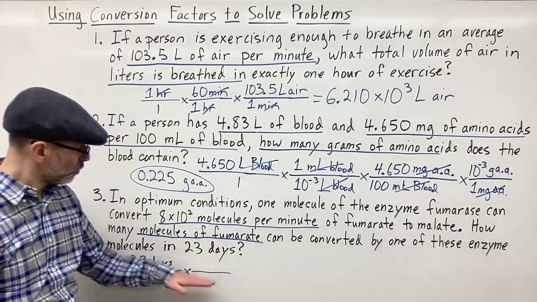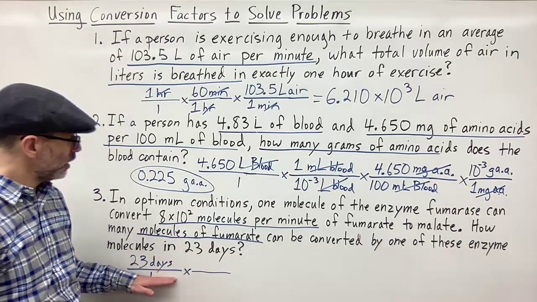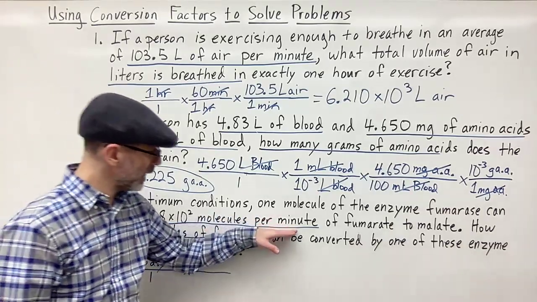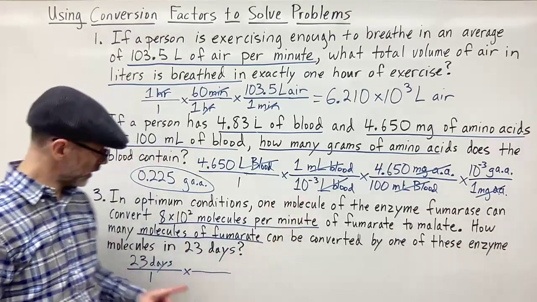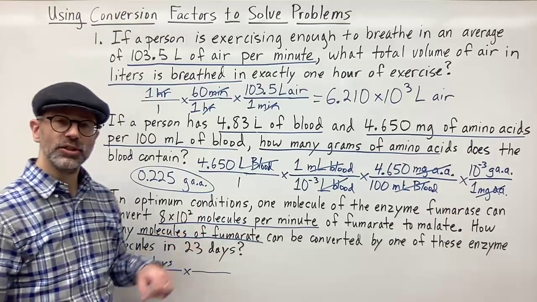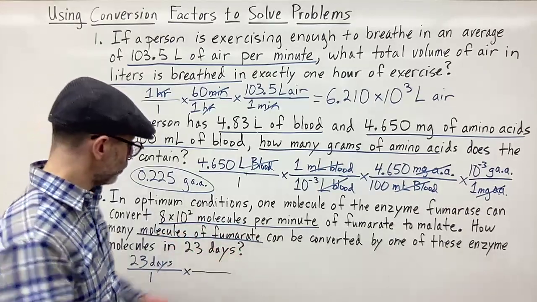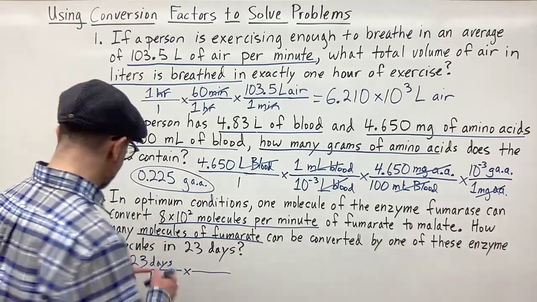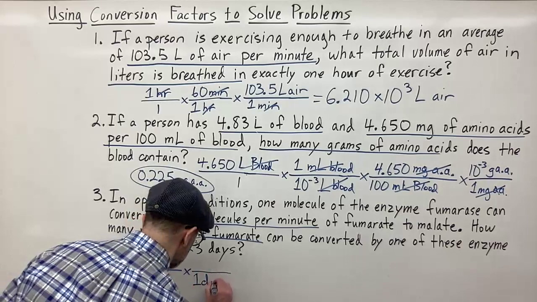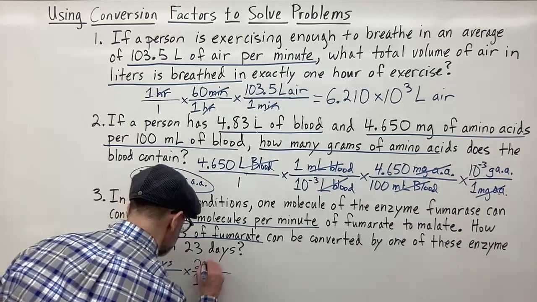So we got time here. We have a relationship of 800 molecules per minute. We got minutes, so if we could convert this to minutes, then we could use this relationship to convert to molecules. So let's go ahead and do that. I have days on top. I know that 1 day is 24 hours.